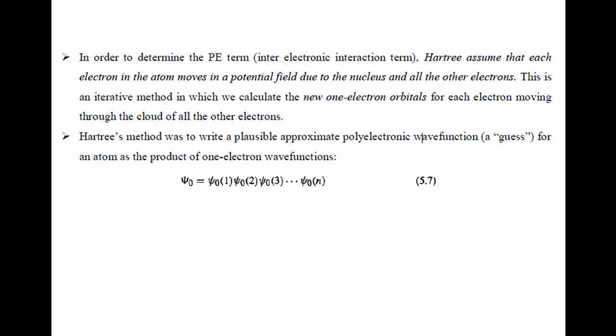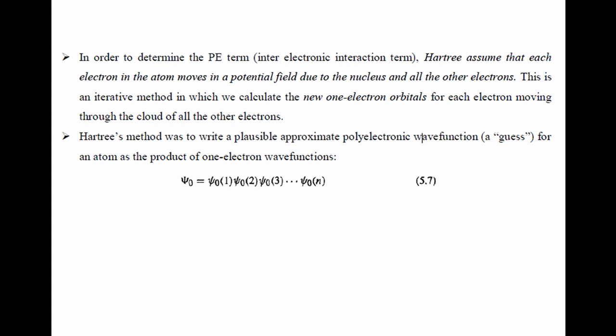In the case of an n-electron system, we calculate n modified orbitals and recalculate the potential energy with these modified orbitals. Calculations are repeated until we get a set of orbitals whose potential energies are not much different from the previous sets.